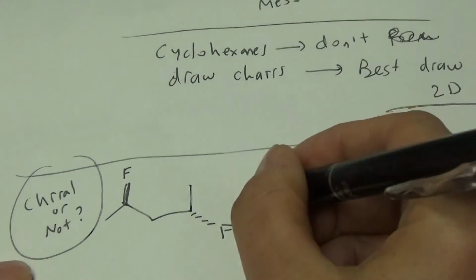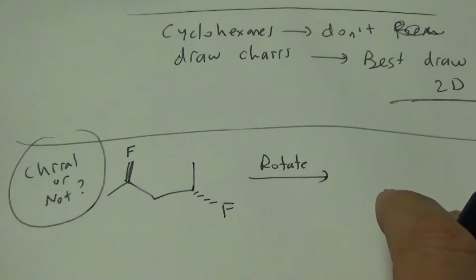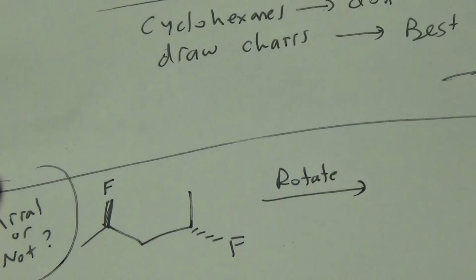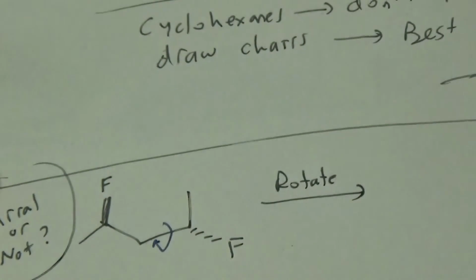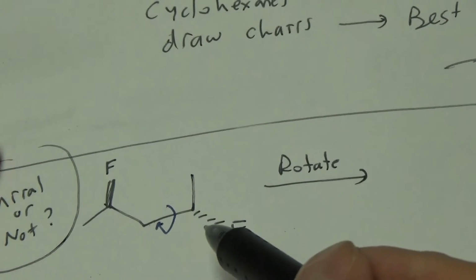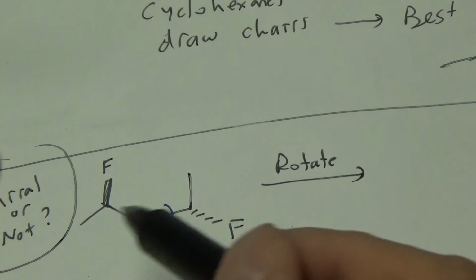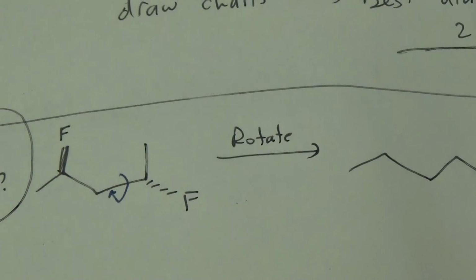But if I rotate the bond, and this is what I always recommend when you're trying to do these problems, rotate this bond. If you rotate that bond, and I just flip it over so that I have a continuous zigzag. Zigzag is now continuous, right?